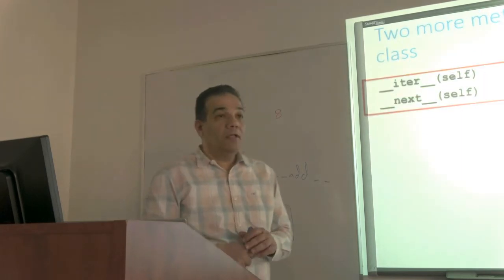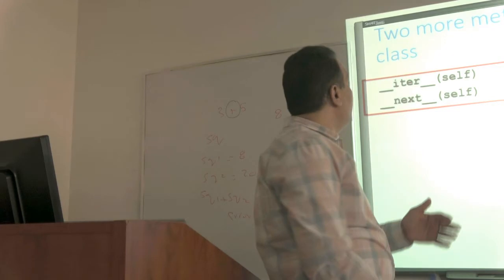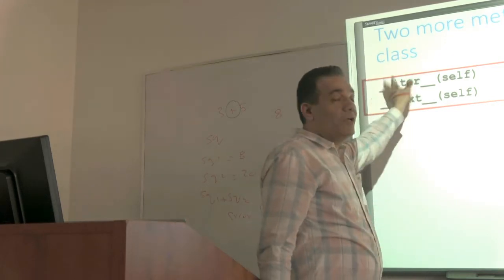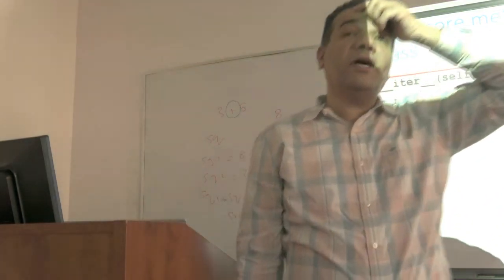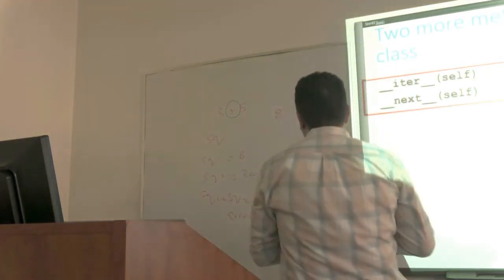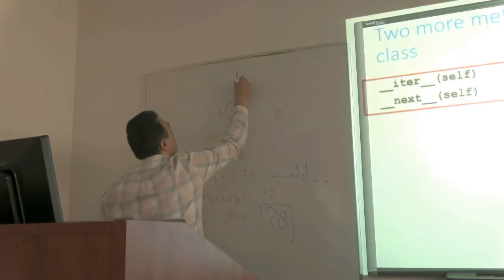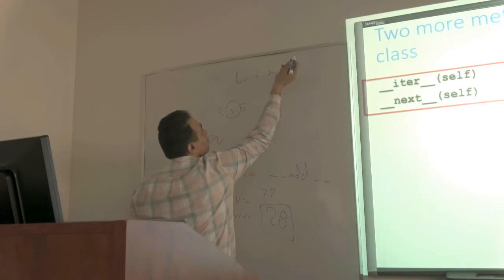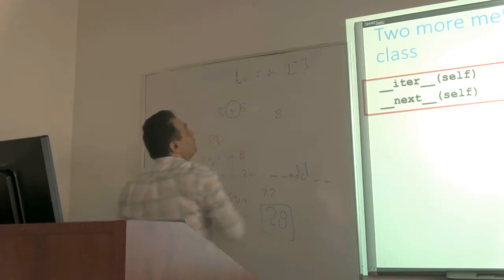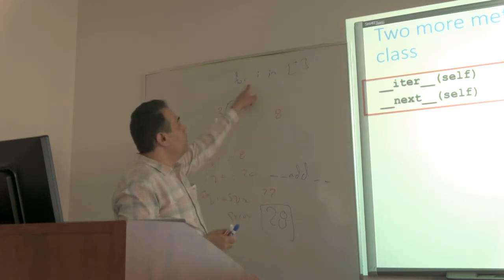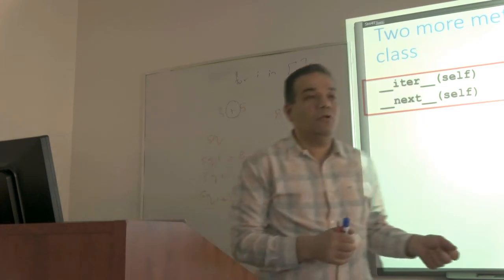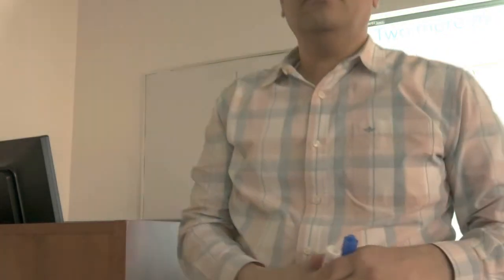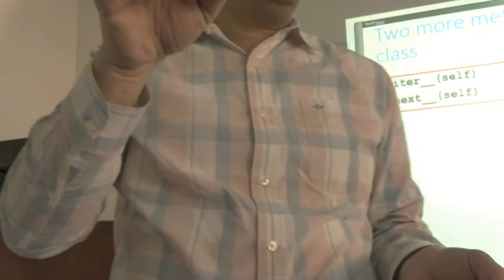Okay. Clear? The other thing is something called iterators. We're going to talk about iterators more. What are iterators? When I say for i in a list, why am I able to do that? Because I have an iterator. You could iterate over them.